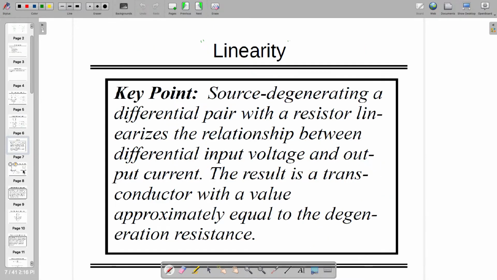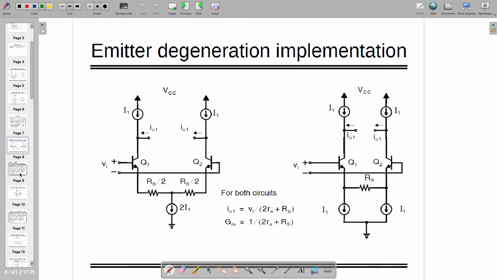So this is going to happen, and that is what is written here. So for both the circuits, this is fine. Here, what this book is following, RE is nothing but 1 by GM.